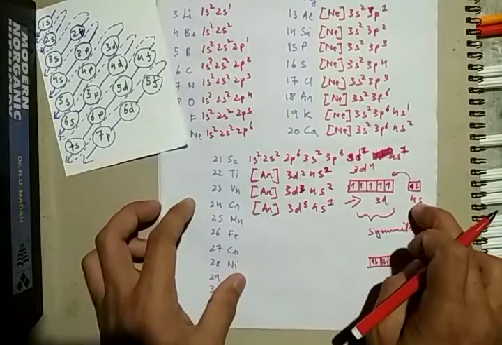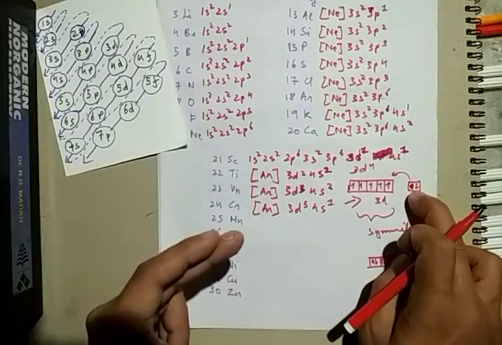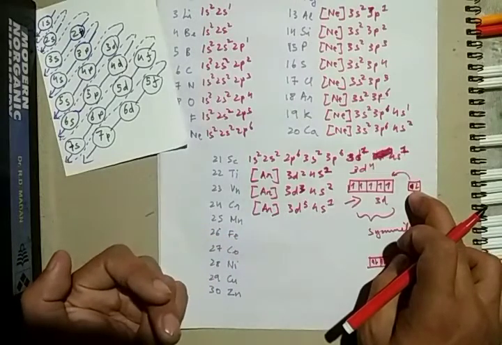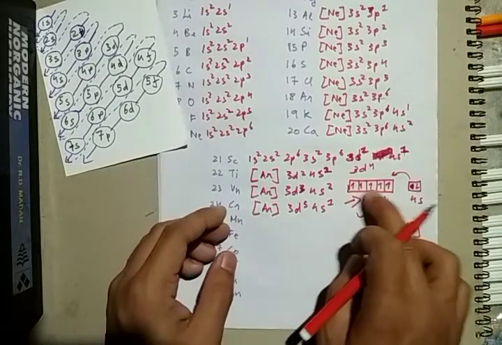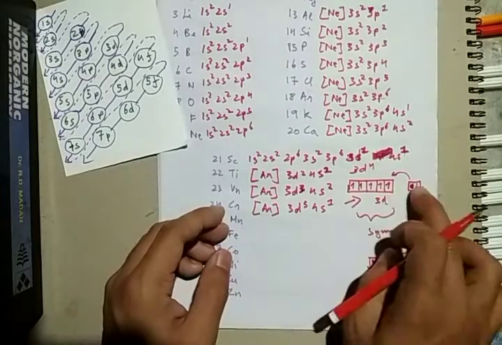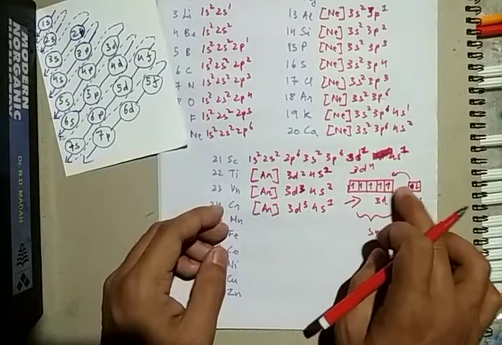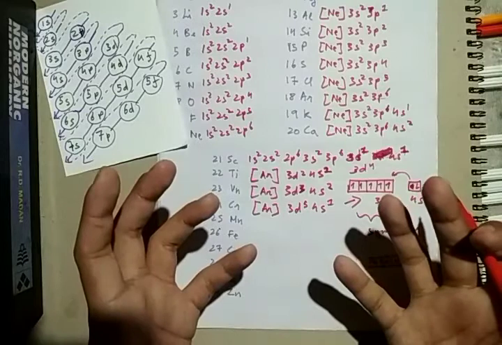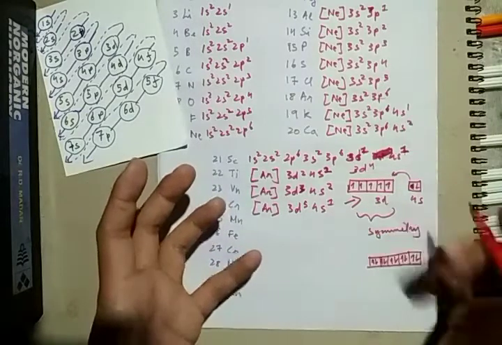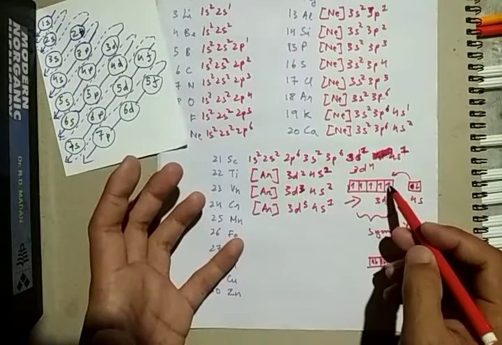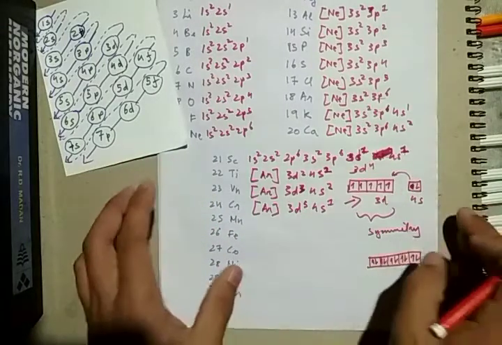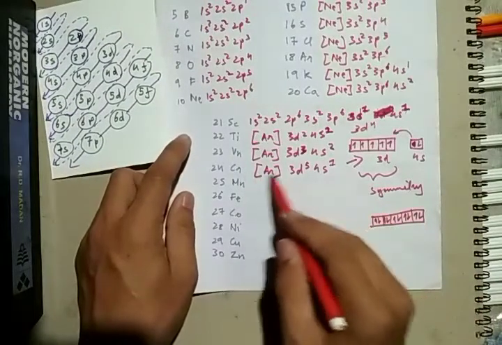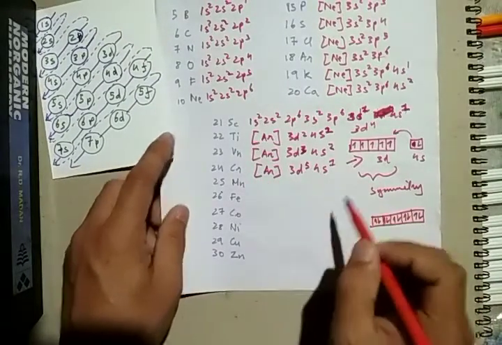Even this one, with a single electron, is also stable since it is half filled. So these orbitals tend to be stabilized, and therefore this electron jumps here to become stable. So for chromium it will be 3d5 4s1.